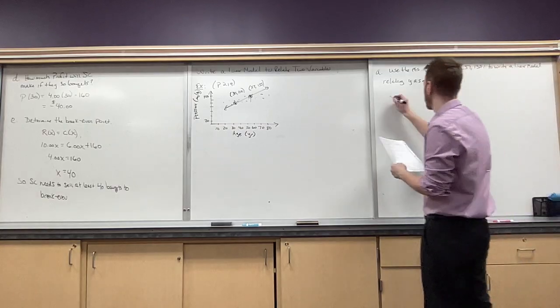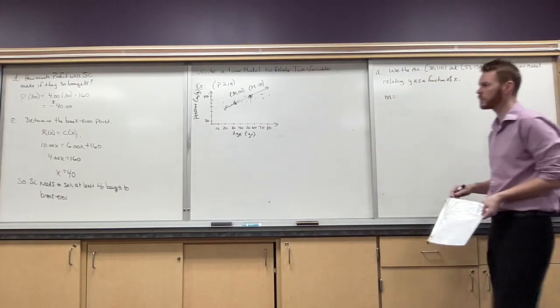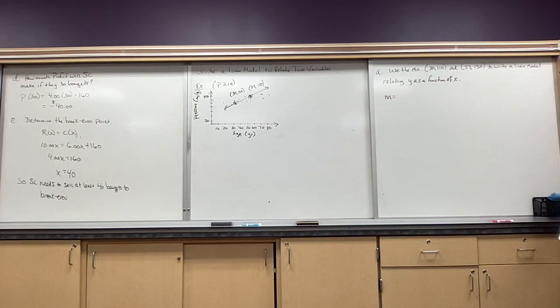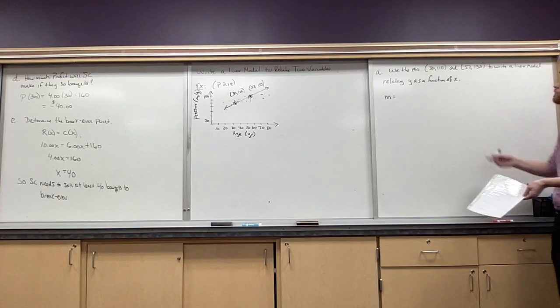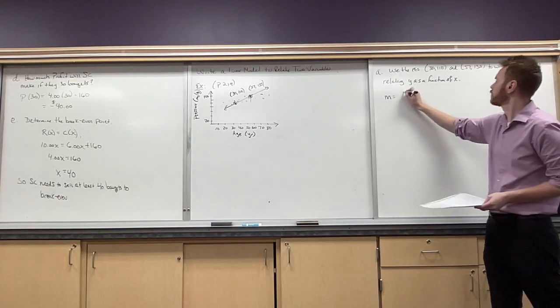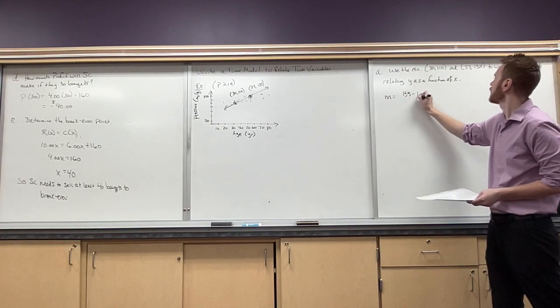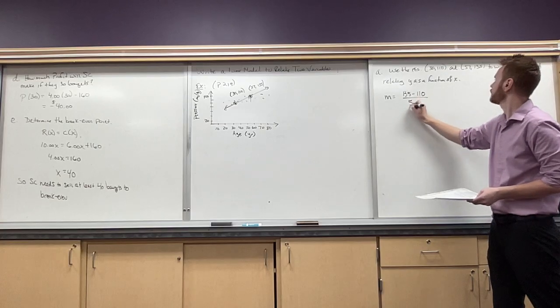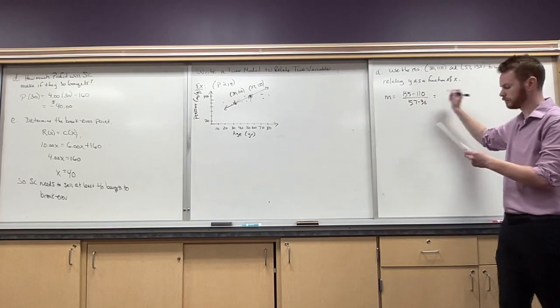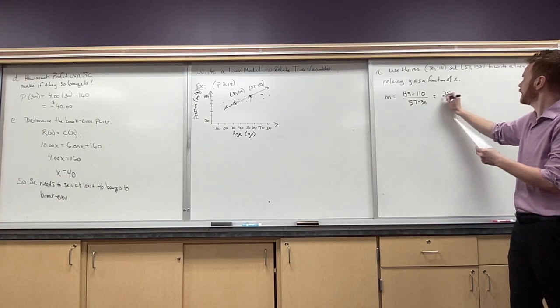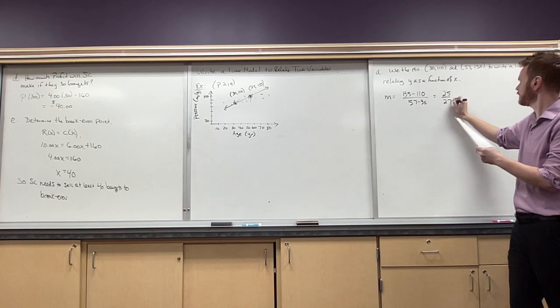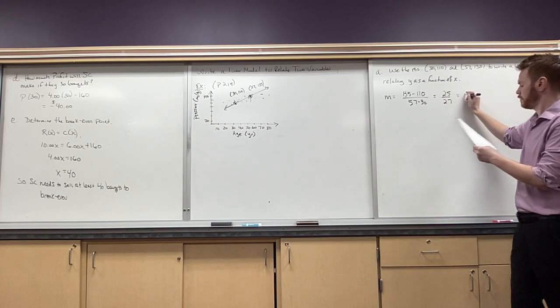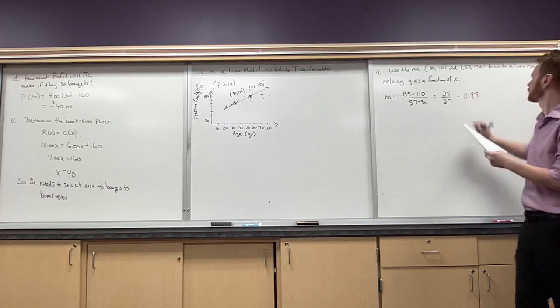So let's do that. Again, just like the other examples, I need a slope and y-intercept. So the slope part I can do, so I'm going to do the change of y, so 135 minus 110 over 57 minus 30. So we get 25 over 27, which is 0.93. Okay.